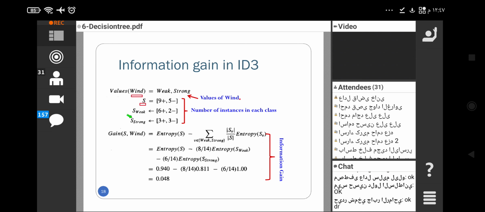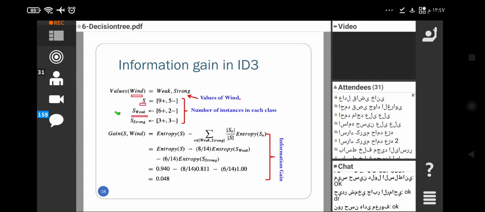Okay, now in the data where the feature wind is weak, in this data we have 6 positives and 2 negatives. And in the data where the feature wind is strong, we have 3 positives and 3 negatives.